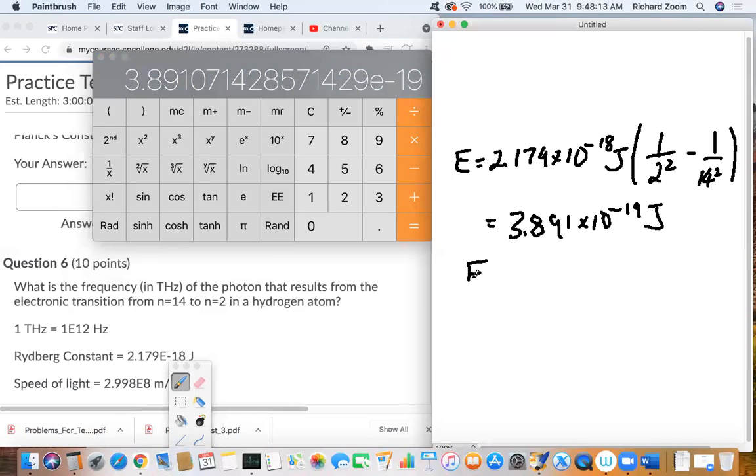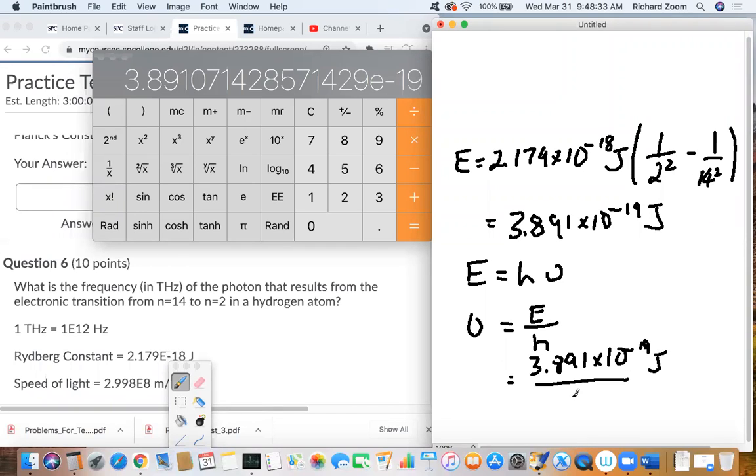And then you've got E equals h nu. We're looking for nu, which is the frequency. E over h, and the frequency is going to have to be in terahertz, and we'll get that sorted in a second. 3.891 times 10 to the negative 19 joules over 6.626 times 10 to the negative 34 joule seconds.